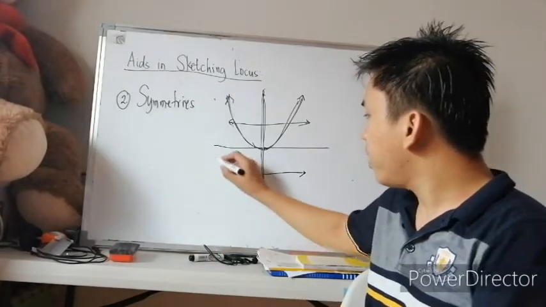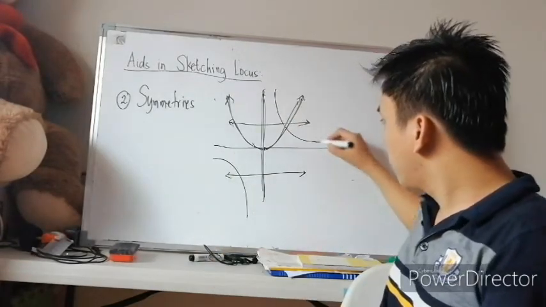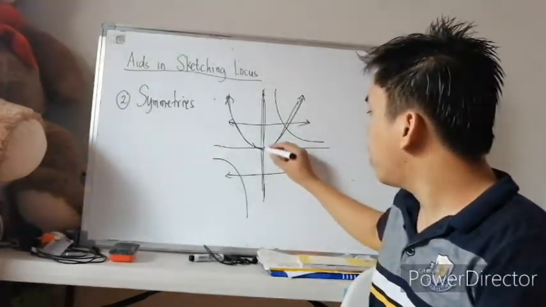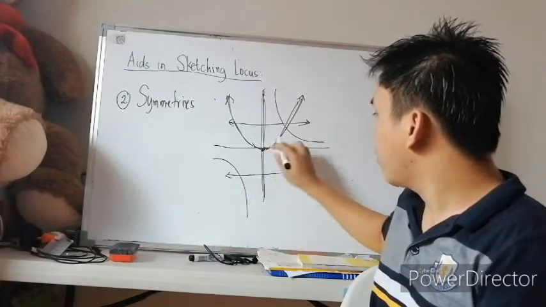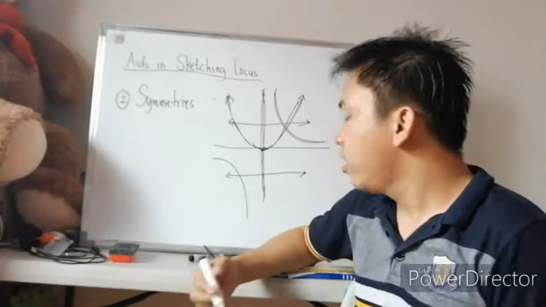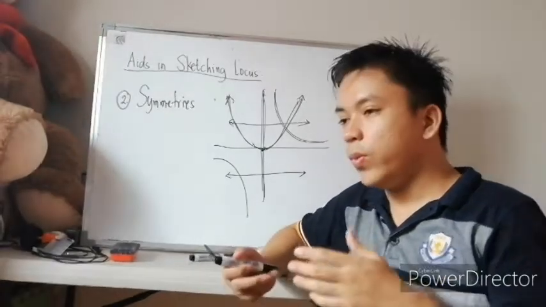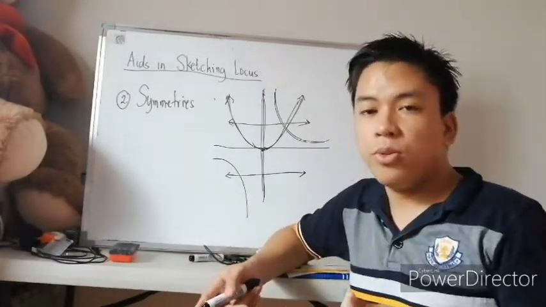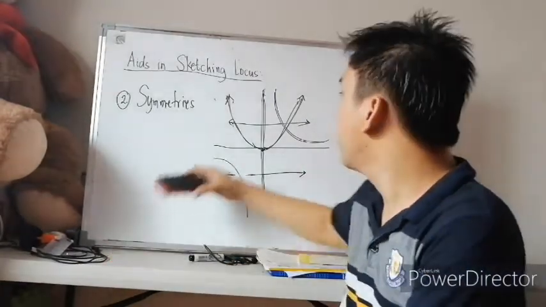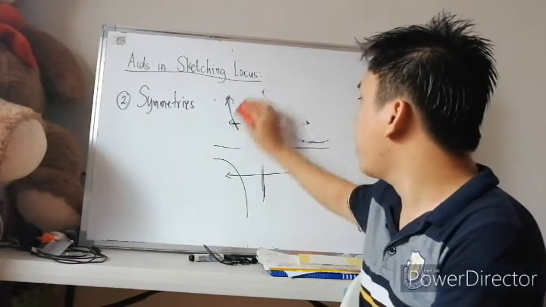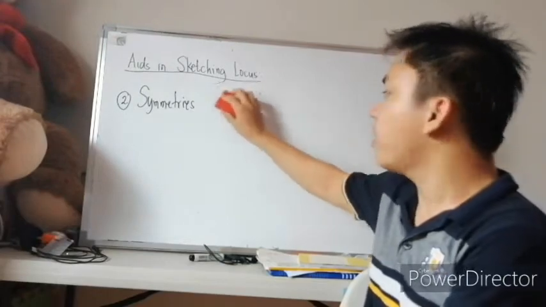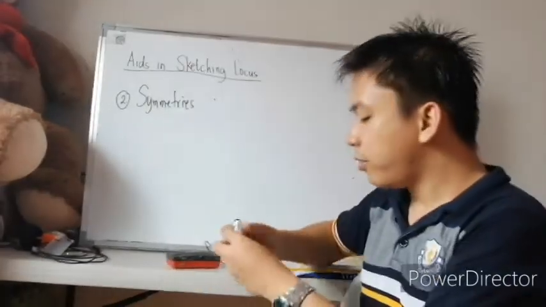If you have a graph like this, then that graph is symmetric with respect to the origin, because its reflection is along the origin, and you get another graph the same as that. In the illustration I have shown you, there are three symmetries: a graph symmetric with respect to the x-axis, a graph symmetric with respect to the y-axis, and a graph symmetric with respect to the origin.